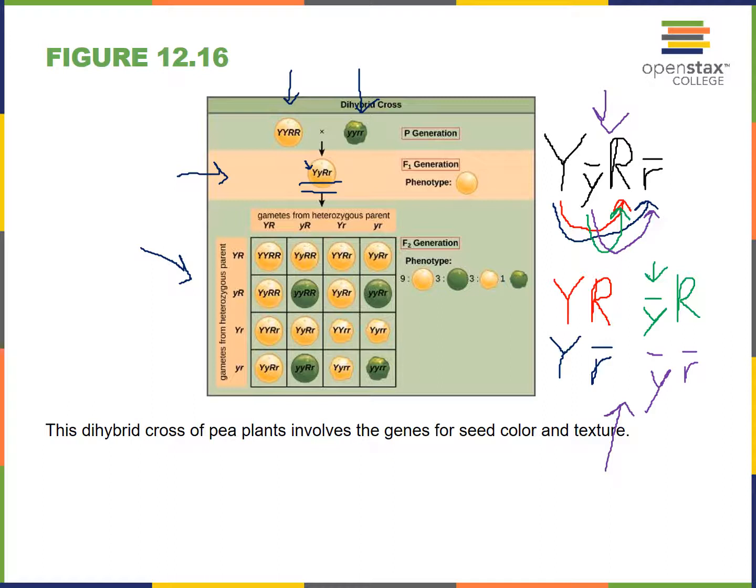And this means you need a 4x4 Punnett square. And you'll notice I would do this the exact same way, but the book has sort of laid down the alleles in mirror image. So you have big Y, big R first. I'd do this slightly different, but that's okay.